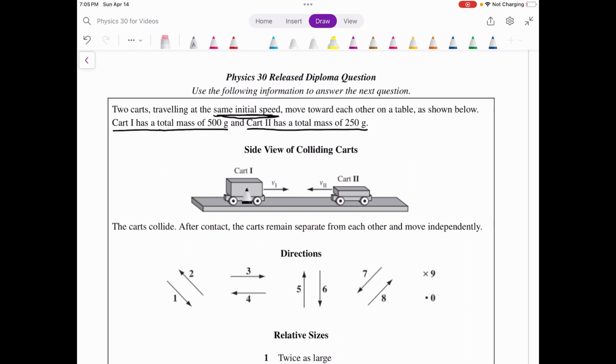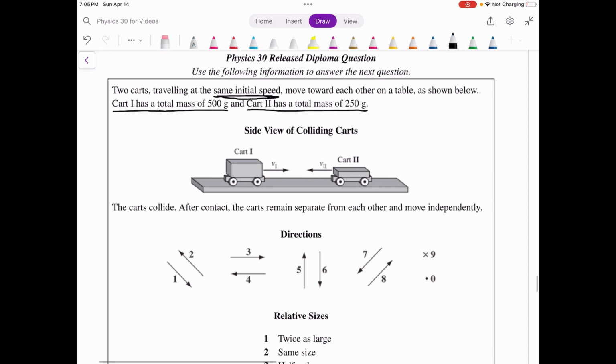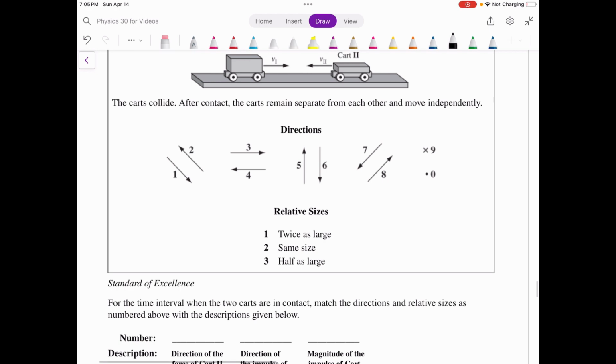Kind of like our simulation we were using earlier. A cart with twice the mass is moving towards a cart with half as much mass. They're moving towards each other with the same initial speed. The carts collide. After contact, the carts remain separate from each other and move independently. Okay, so they don't stick together. All right, so let's just take a look.